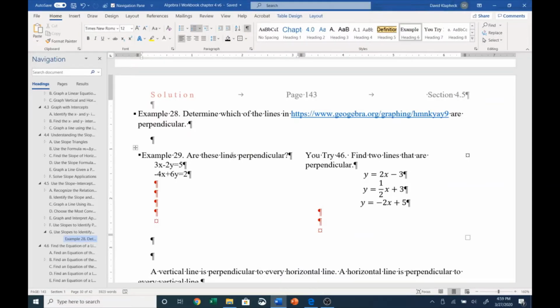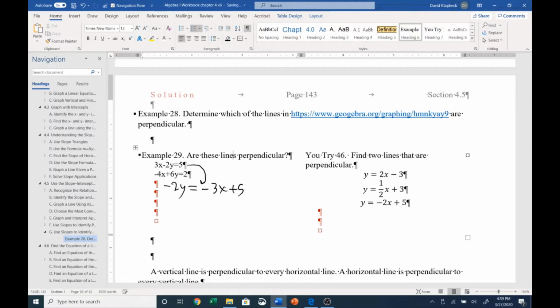In example 29, we need to determine if these two lines are perpendicular. We can do this by writing both of them in y equals mx plus b form to determine what their slopes are. My first equation becomes -2y equals -3x plus 5.